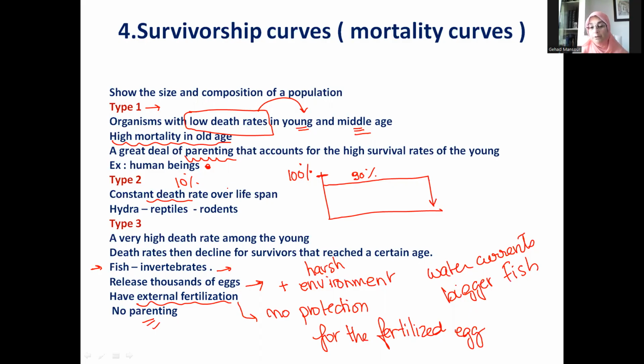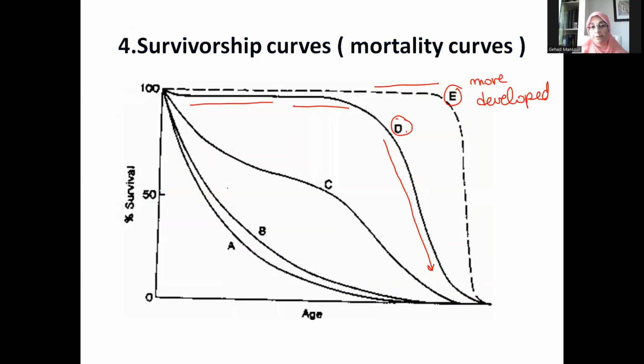It's almost mission impossible. So at the beginning, we can say that this one represents the mortality curve of the fish. At the beginning, as you see, there is a big decline in the number. In the early stages of life, there is a very rapid, steep negative curve downward.